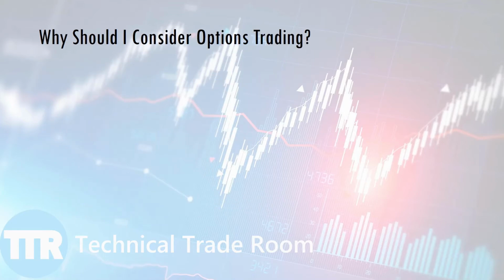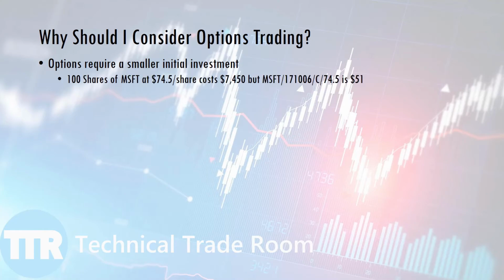If you're not currently using options trading as a part of expanding your portfolio, let me give you two major reasons why you should give it some serious consideration. First, options contracts require a significantly smaller initial investment. So for example, if I were to buy 100 shares of Microsoft at $74.50, that would require a $7,450 investment just to open the position.